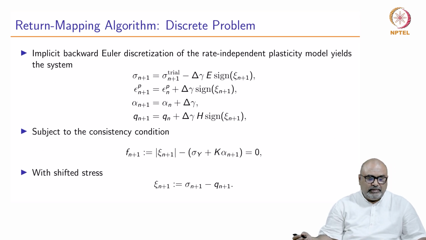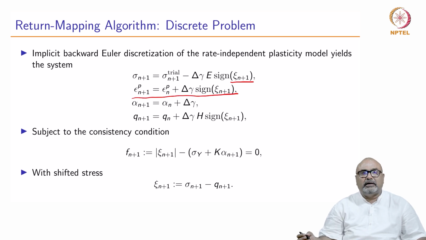So, for a discrete problem, we use an implicit backward Euler discretization of the rate independent plasticity model, which results in a set of nonlinear equations as given below. Sigma n plus 1 is equal to sigma n plus 1 trial minus delta gamma E sign of xi n plus 1, and epsilon n plus 1 p is equal to epsilon n p plus delta gamma sign of xi n plus 1.